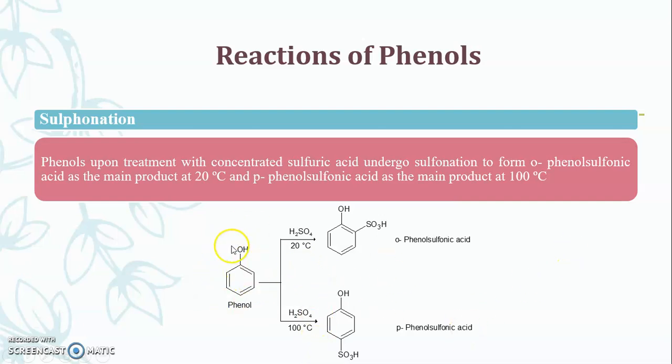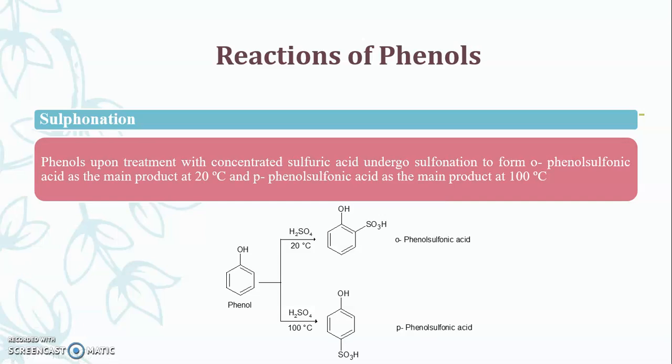Here you can see phenol is reacted with H2SO4 at 20 degrees Celsius and 100 degrees Celsius. If we react the phenol with H2SO4 at 20 degrees Celsius, it will be converted into ortho phenol sulfonic acid. And if we perform it at 100 degrees Celsius, we will get para phenol sulfonic acid.